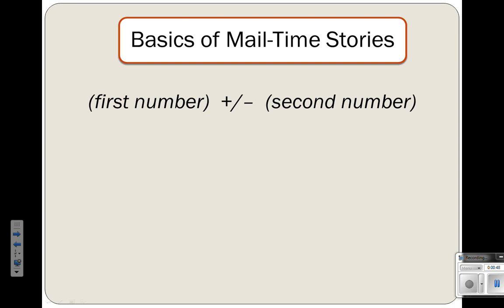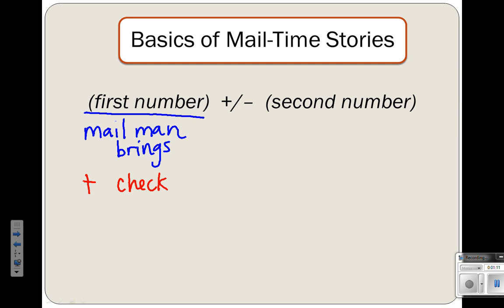So the first number, whenever you're writing a mail time story, corresponds to what the mailman brings, or mail carrier, or however you want to label the person. Okay, if the number is positive, he's bringing a check. If the number is negative, he's bringing a bill.